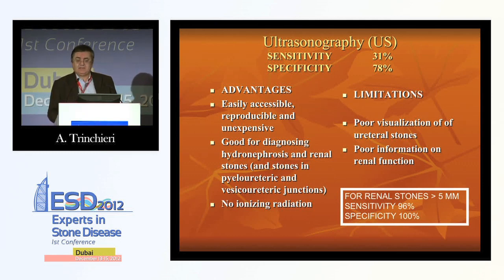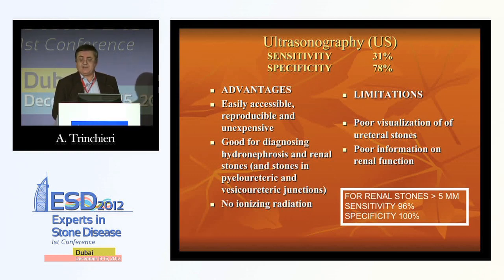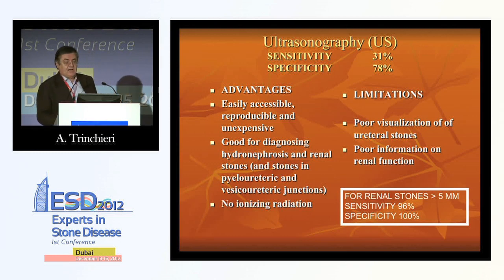But they have a poor visualization of the ureteral stones in absence of hydronephrosis, and they give poor or no information on renal function. And obviously, they have a great advantage because they are cheaper and they don't involve exposition to X-ray.